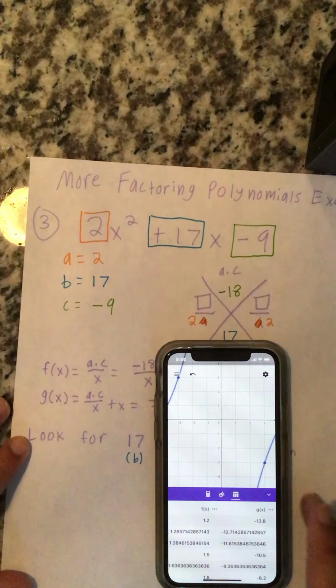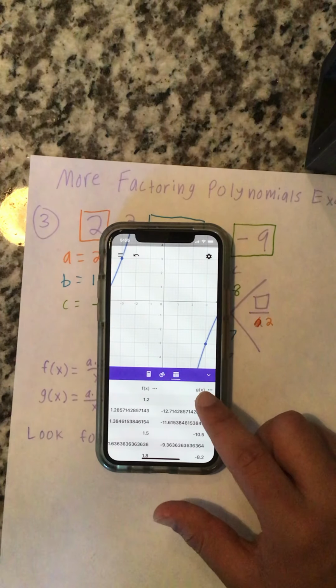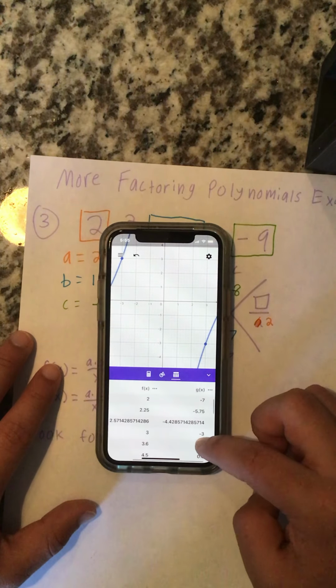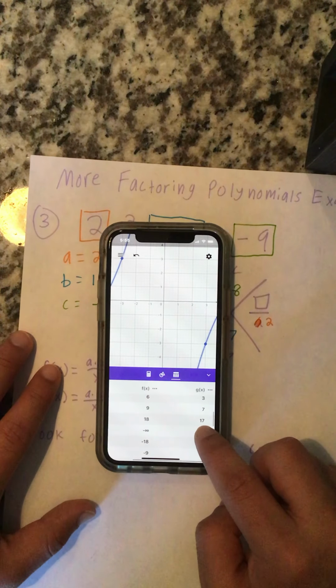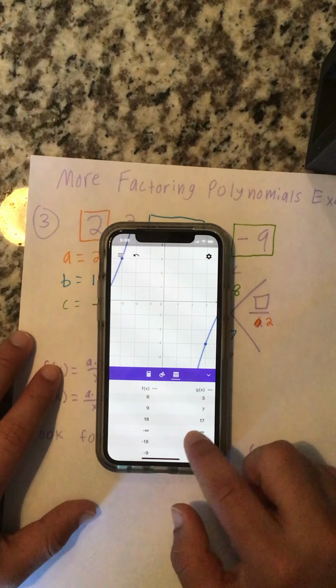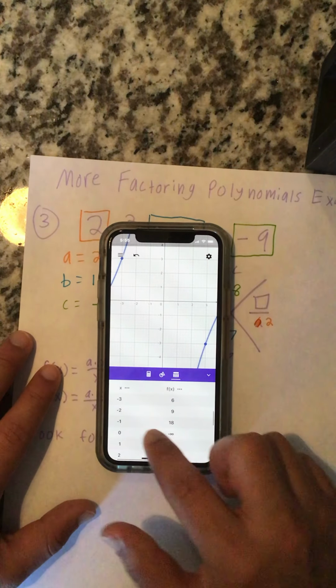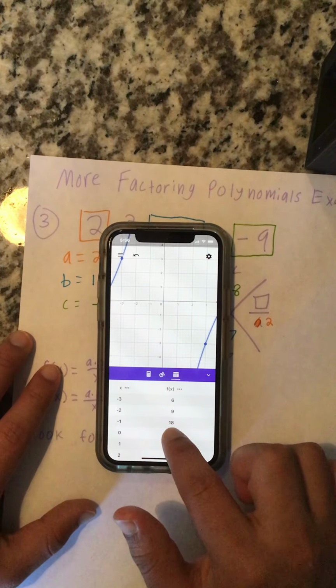So let's go back to the calculator and look in the g of x column. In the g of x, I'm looking for 17. So we can scroll down, scroll down, scroll down. Up, there it is. See that positive 17 right there? Okay, so when g of x is 17, x is -1, f of x is 18, okay?